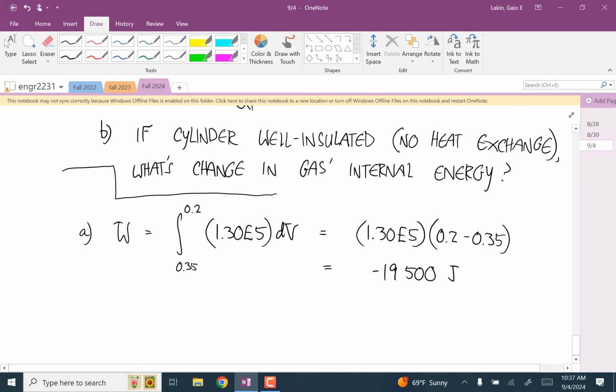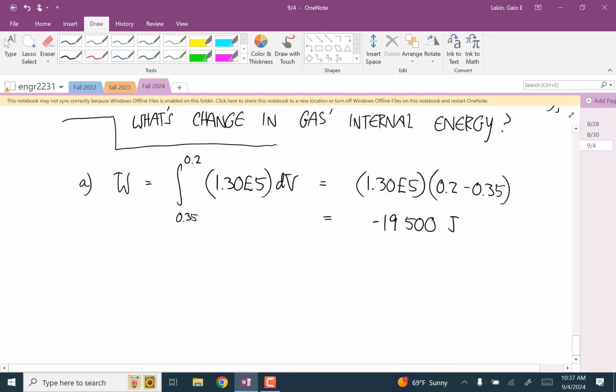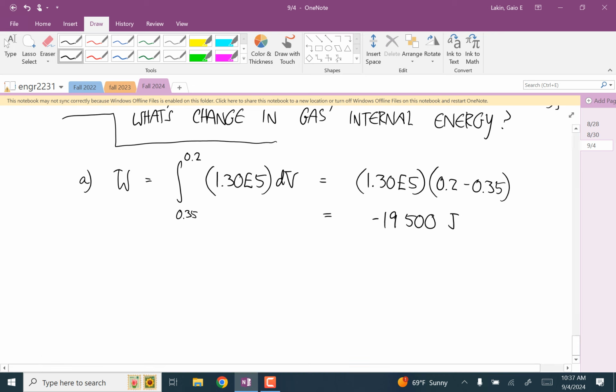Okay, so now we have the work of expansion. Now we want to know what's the change in the gas's internal energy. Well, we can write this as the change in kinetic energy plus the change in potential energy plus the change in internal energy. And unless you have reason to believe otherwise in this class, we're just always going to assume that those don't change or that those changes are small compared to the other stuff going on.